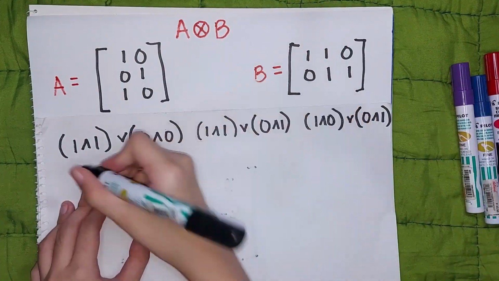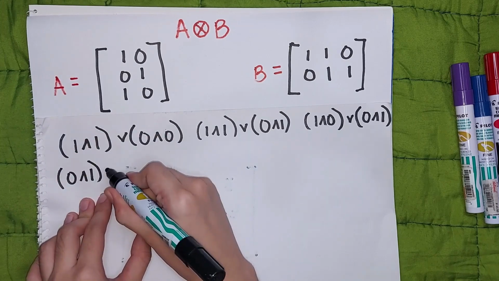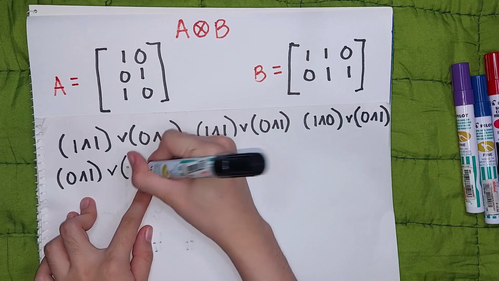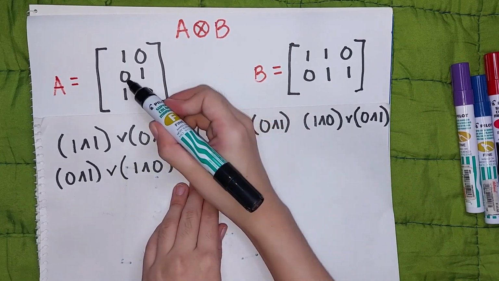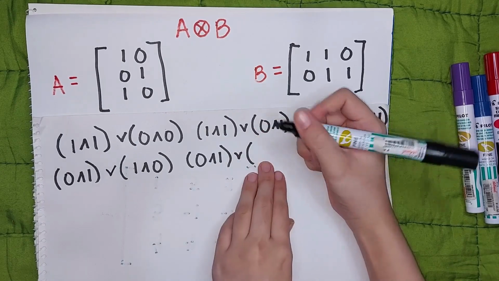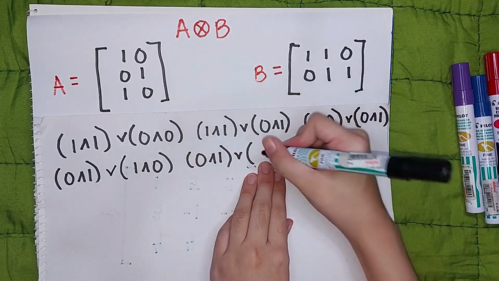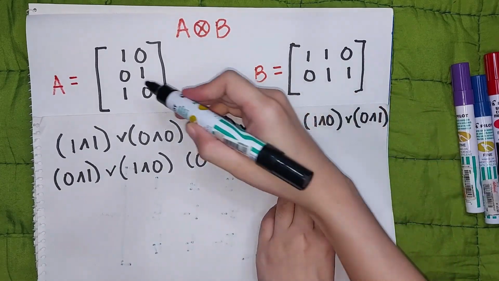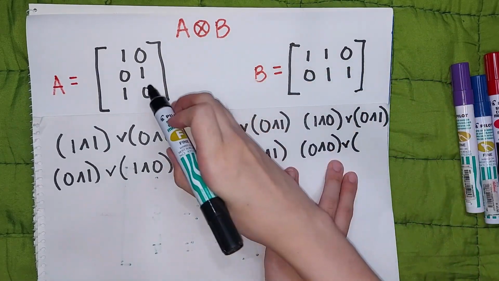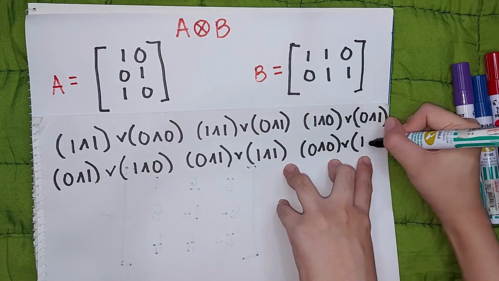Next, 0 meet 1 and it will join 1 meet 0. Next, 0 meet 1 and it will join 1 meet 1. Next, 0 meet 0 and it will join 1 meet 1.